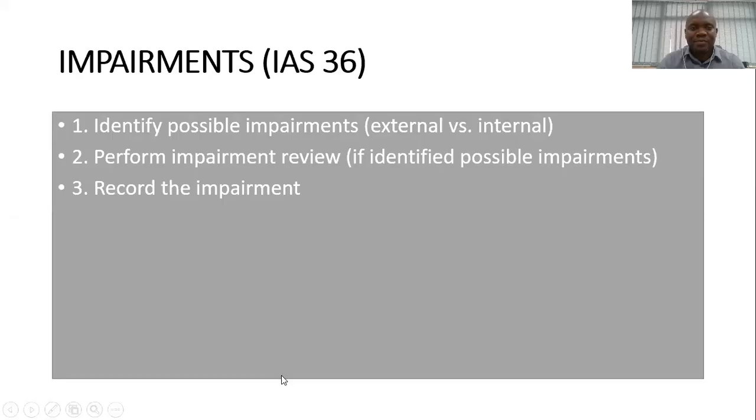So under impairments, IAS 36 actually governs or guides on how to impair assets. We'll be looking at, first, identifying possible impairments, external versus internal. Secondly, to perform an impairment review if we identify possible impairments. Thirdly, to record the impairment.